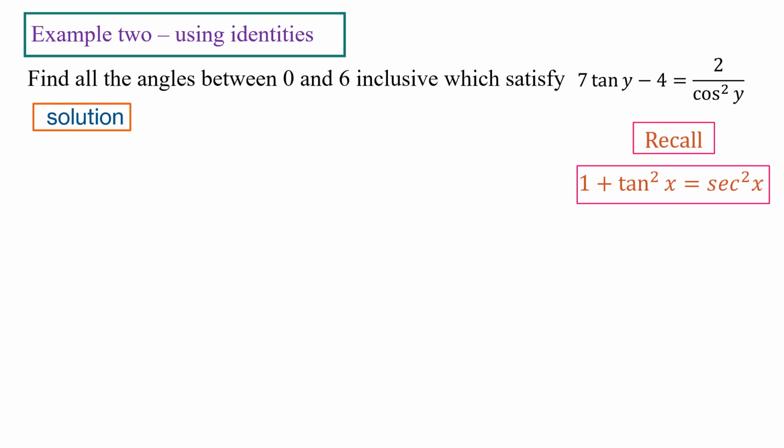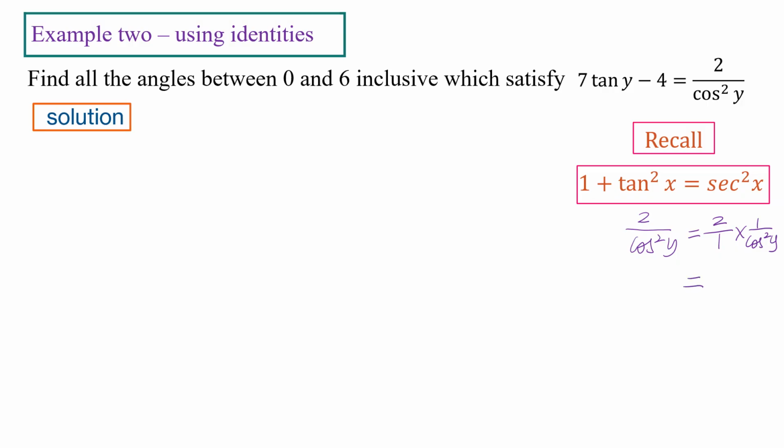So what we're going to do here is to use this identity, 1 plus tangent square x equals to secant square x. So how did this secant square x come about? Right, let's examine this term here, 2 over cos square x. We can write it as 2 over 1 times 1 over cos square x.